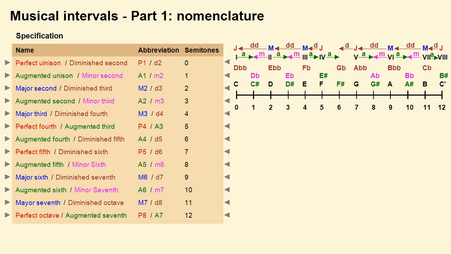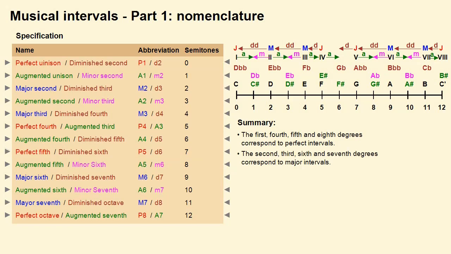The diagram associated with the chromatic scale used in the presentation is useful to visualize the origin of the nomenclature used, but it can be summarized in the following rules. The first, fourth, fifth, and eighth degrees correspond to perfect intervals. The second, third, sixth, and seventh degrees correspond to major intervals.